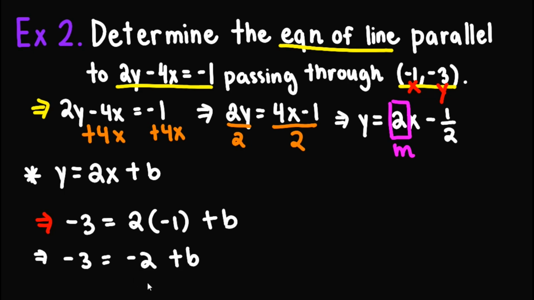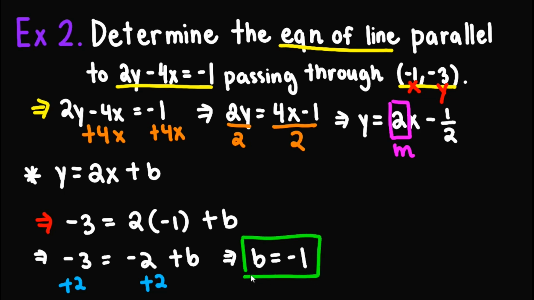Lastly, we add 2 to both sides to obtain b equals -1. And this out here is our y-intercept.